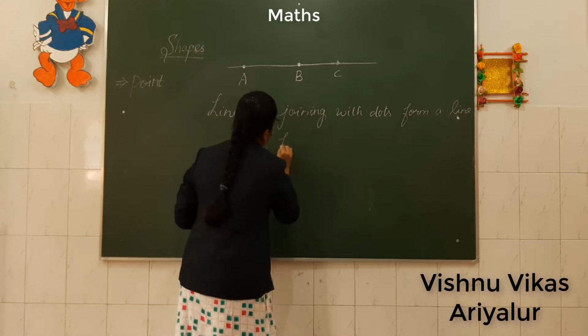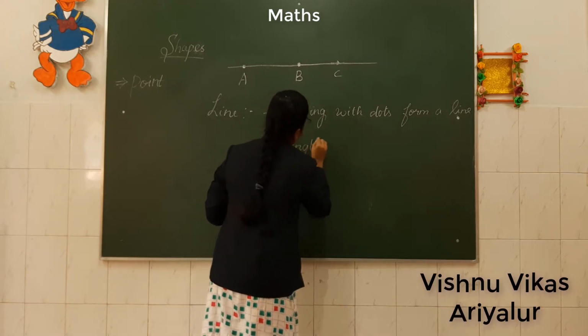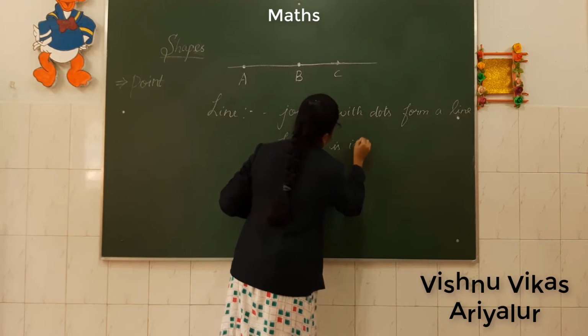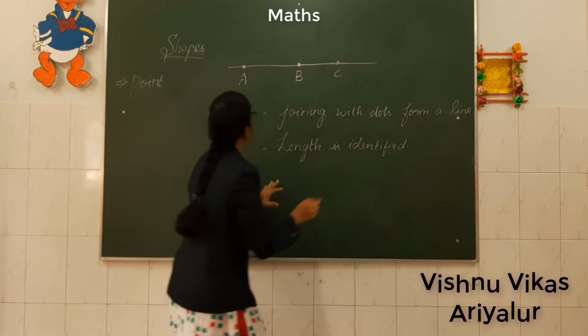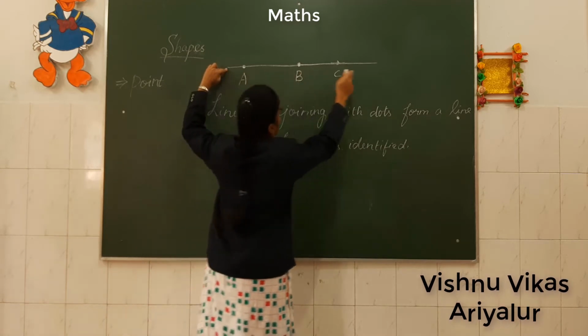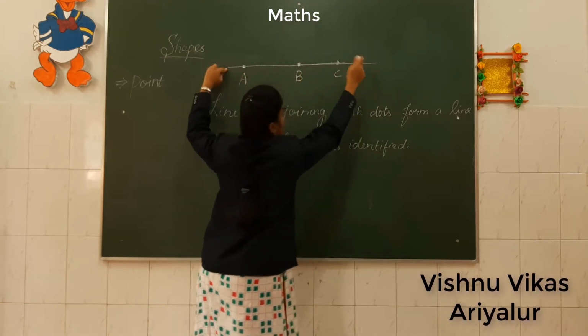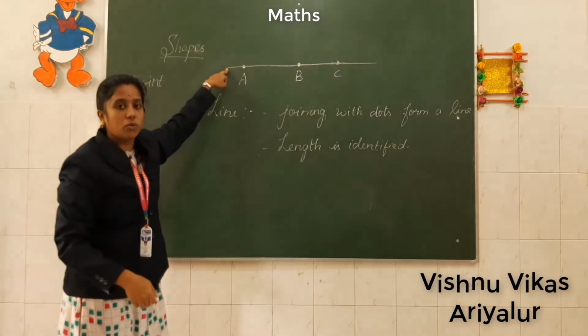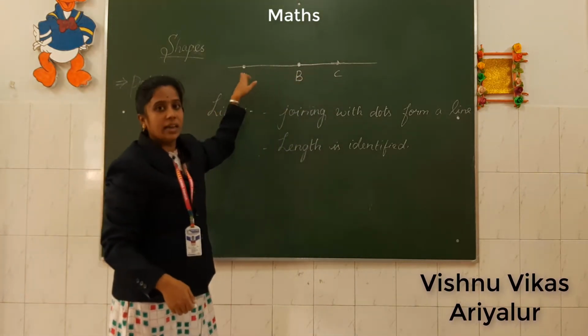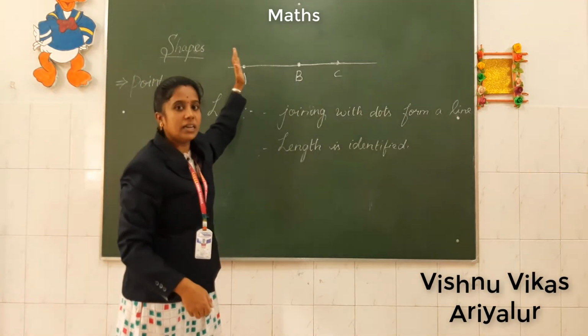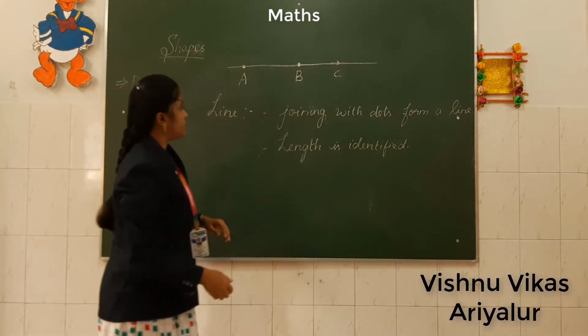So length is identified. How are you identifying the length? If you measure it with the scale, we can find the length of this line. So a line has a definite length.